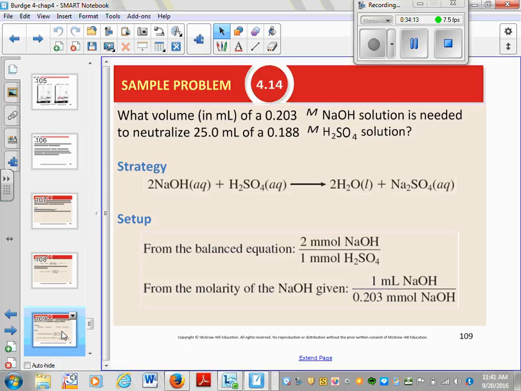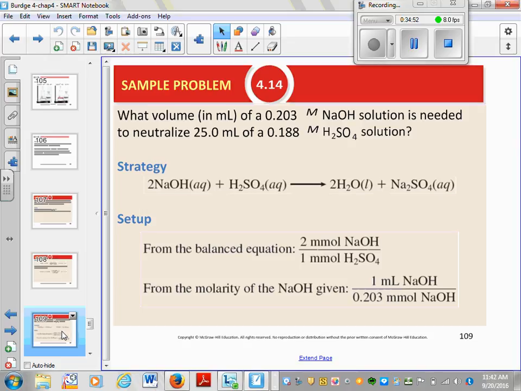So if I look at the top here, we have 0.203 molar NaOH, and we have 0.188 molar H2SO4. We have 25 milliliters of that. So I want to know how many milliliters of the NaOH I need to neutralize the acid. So what's the molarity of the H plus for the H2SO4?